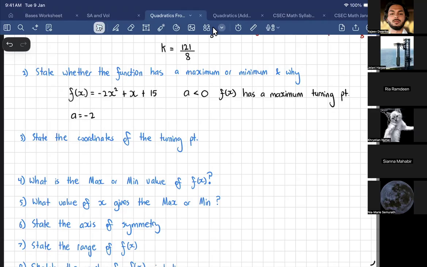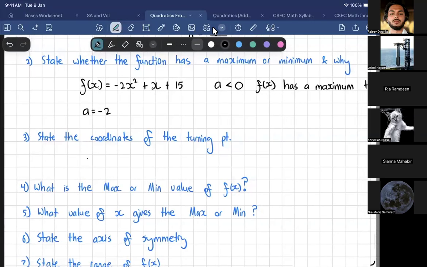Right. What gives you the turning point? The x and y value. Okay, how are you finding those values? That's my question. Why did I find H and K?